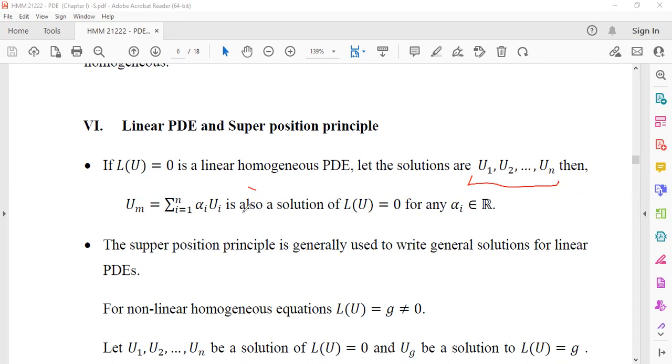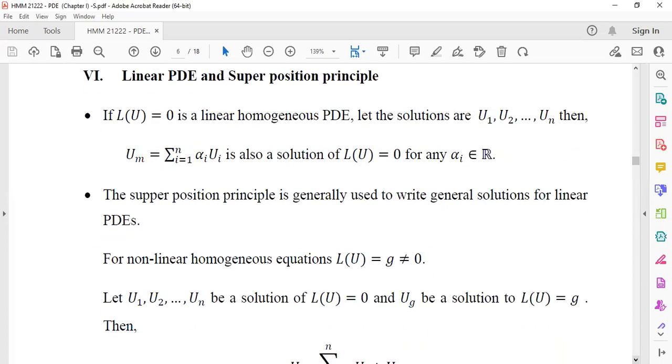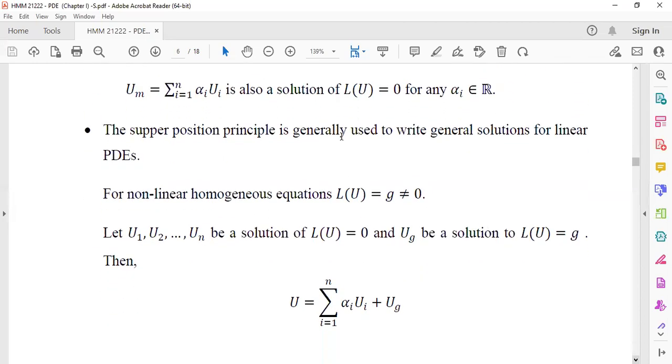In that case, the linear combination of the α_i u_i is also a solution for the homogeneous case. For the non-homogeneous case, we have to make one small difference. If you get the idea, it is fine.